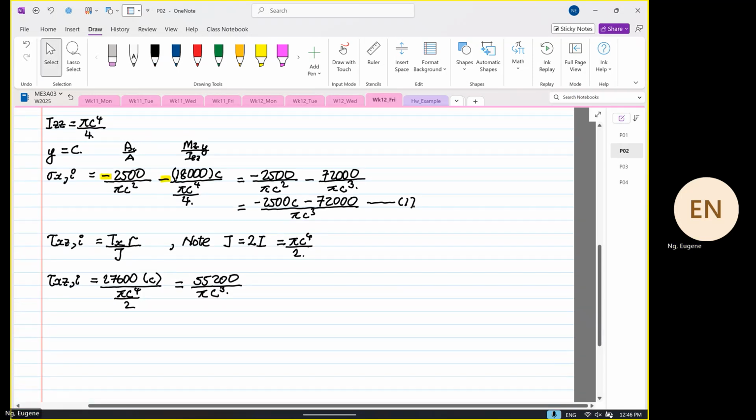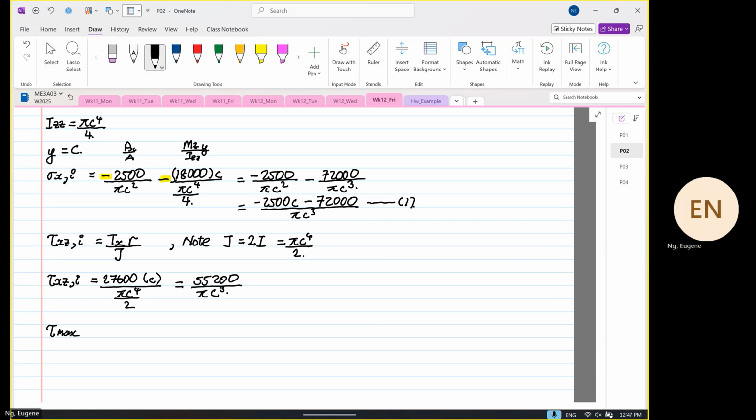From here, we know that tau max will be equal to the square root of stress x minus stress z divided by 2, squared, plus shear xz squared.